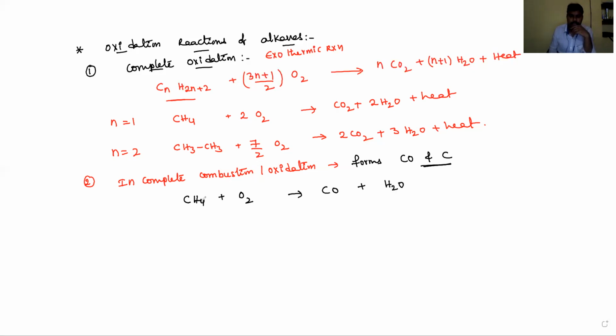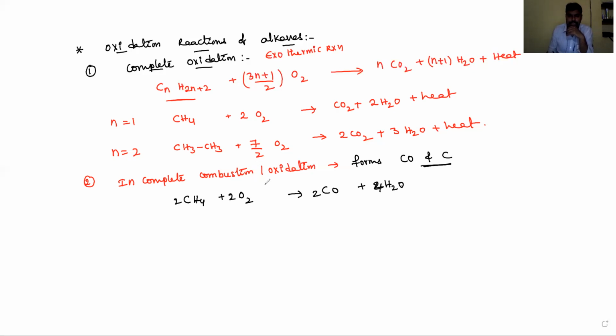If you are taking incomplete combustion, it produces carbon monoxide. Then two H2O. You are taking 2 moles of CH4 and it forms 2 CO and 8 hydrogens means 4 H2O.